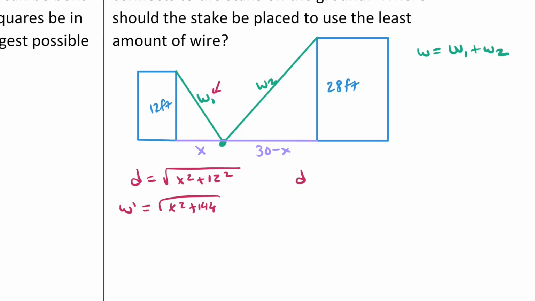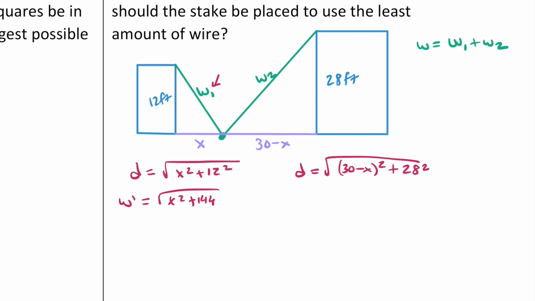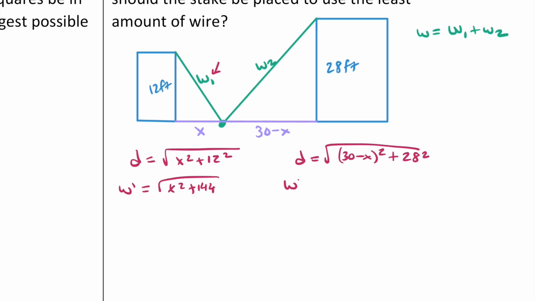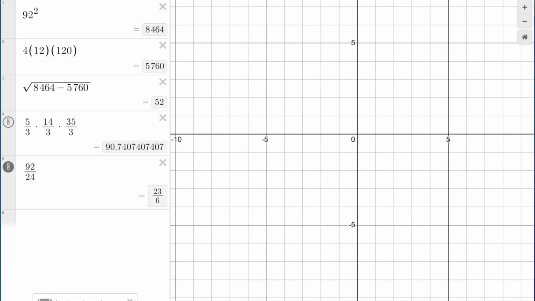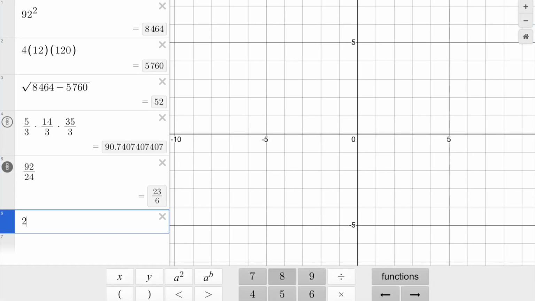For this next distance, it's going to be the square root of 30 minus x squared plus 28 squared. I'll call that W2. Call that 900 minus 60x plus x squared plus 28 squared, 784.